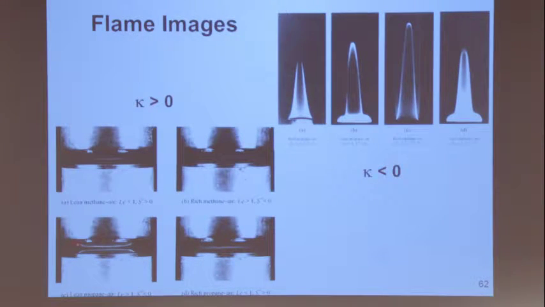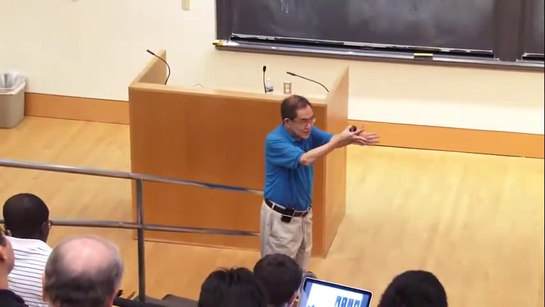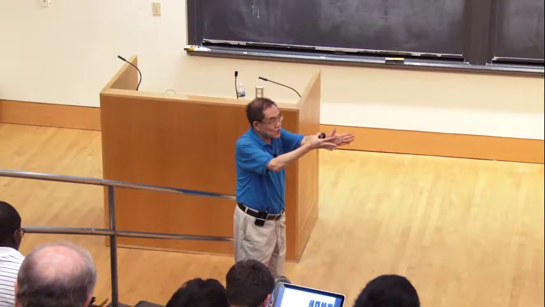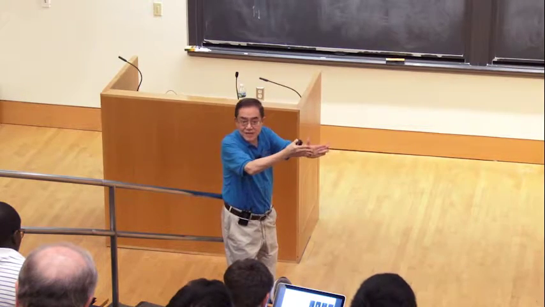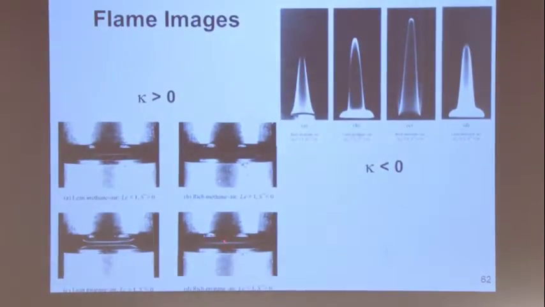Okay? You can see the state of extinction, the flame is separated. They will extinguish. However, if you look at the rich propane air, as you stretch it, the flame temperature gets stronger and stronger. Okay? So it will not extinguish until it goes to the stagnation surface. Then it has nowhere to go. Then you get incomplete reaction. Then it dies. Okay? So for this rich case, it dies when they are basically merged.